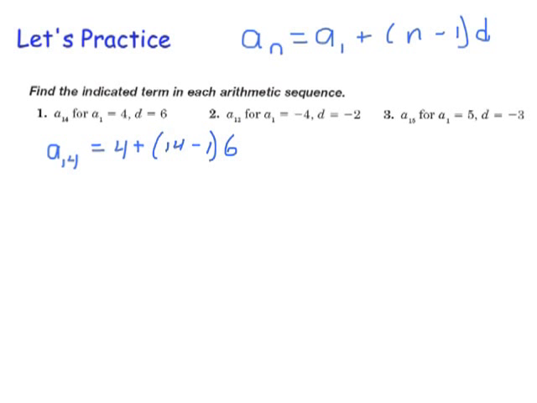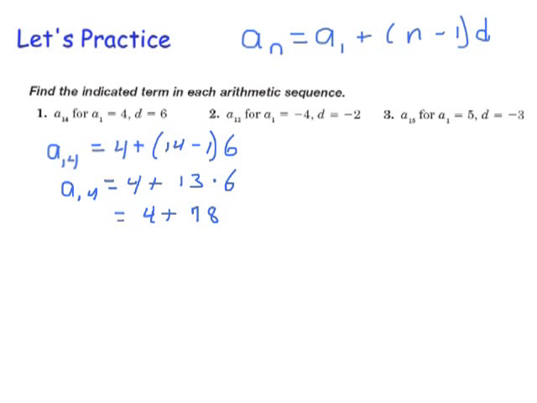Now we just use order of operations and simplify that. So what do we do first? Order of operations says I do parentheses first, so it's going to be 4 plus 14 minus 1, which gives me 13, times 6. Well, 13 times 6 is 78. And we're going to add 4 to that.